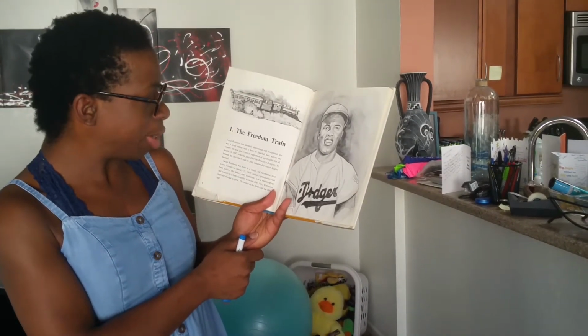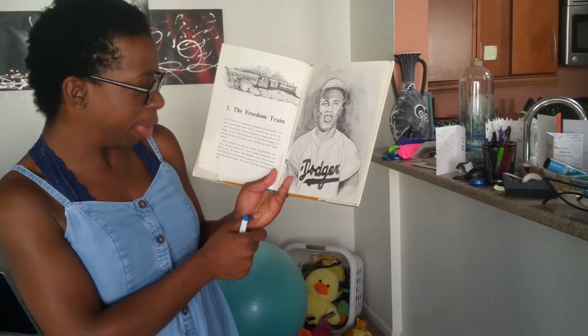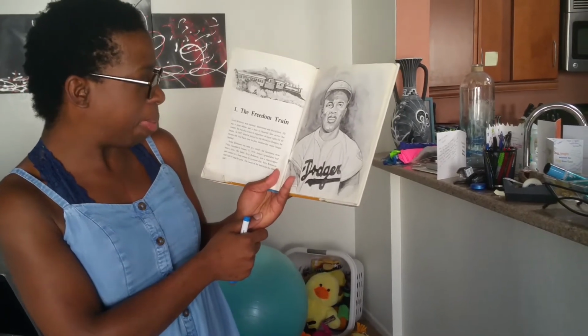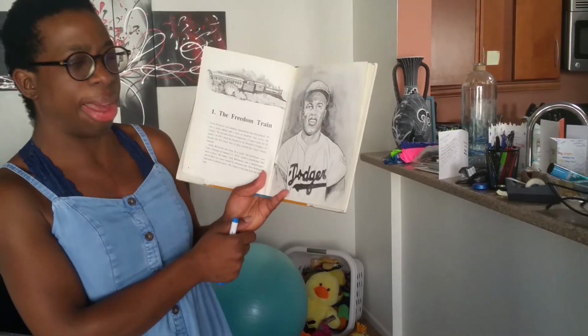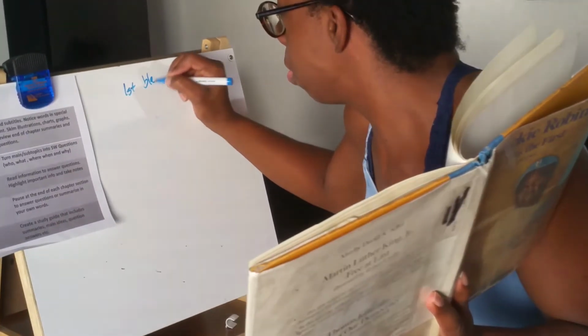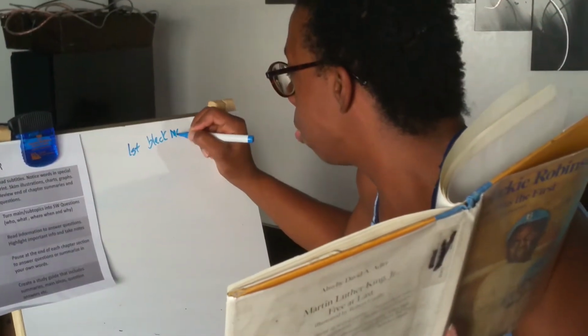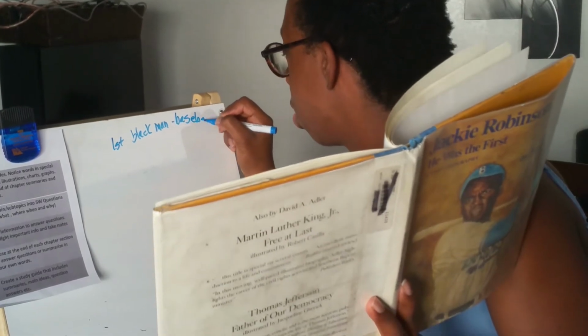In 1947, when he played for the Brooklyn Dodgers, he became the first black man to play modern-day Major League Baseball. That's interesting. That might be important. That's probably very important. So let's write that down. So, first black man, I'm gonna say baseball.